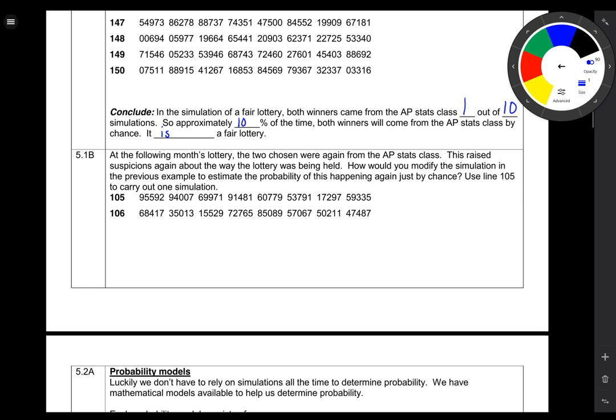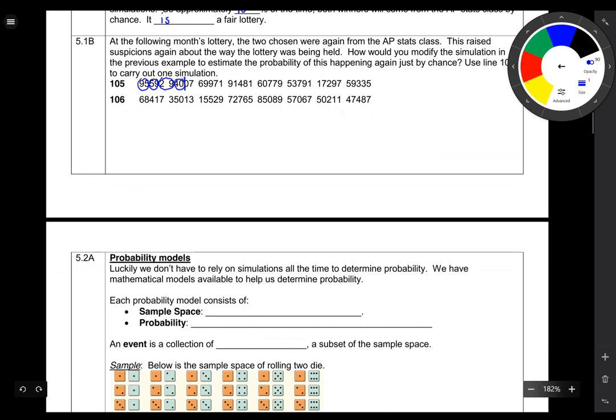So if we're looking at these first 2, so we look at 95 and 59, 29 and 40. So let's just take a look. So I'm going to put a little marker there. But let's write down what we're going to do first.